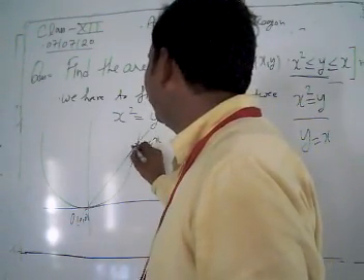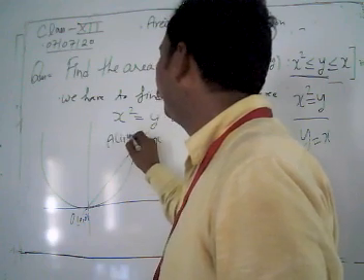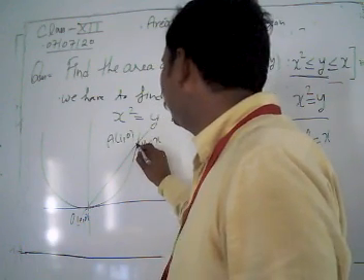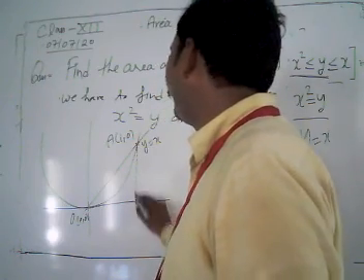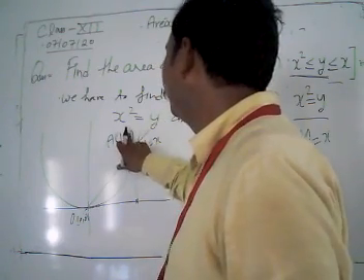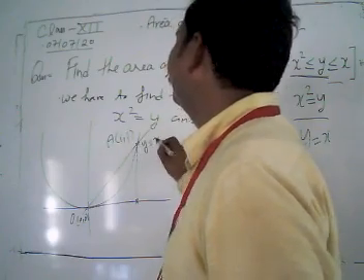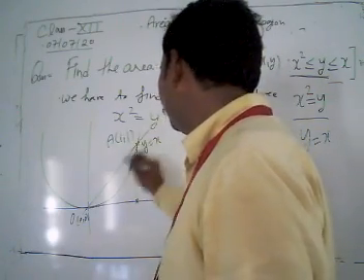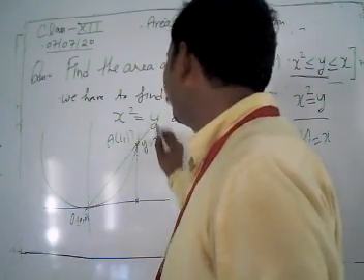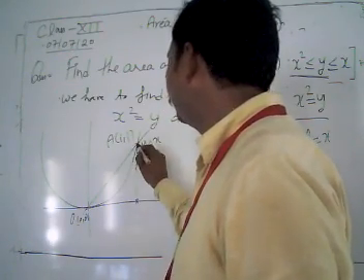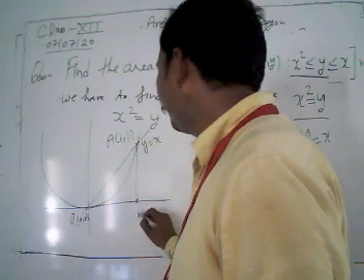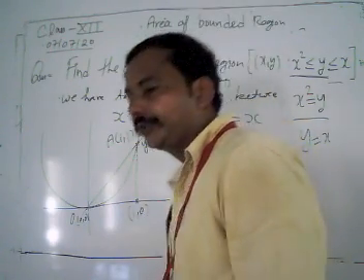So our intersection point is (1, 1). When we draw here, when x is 1, y is 1, and when y is 0, x is 1, so the point is (1, 0).